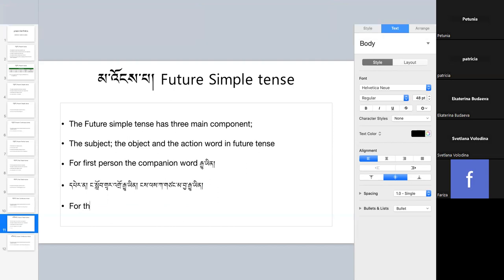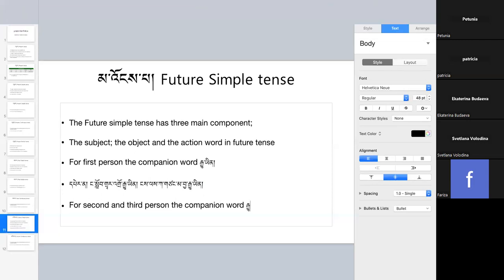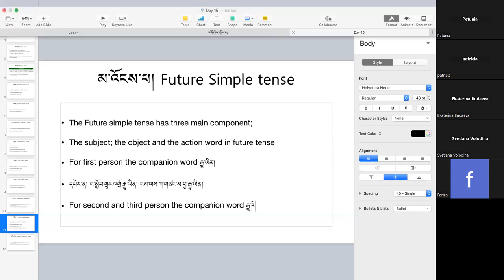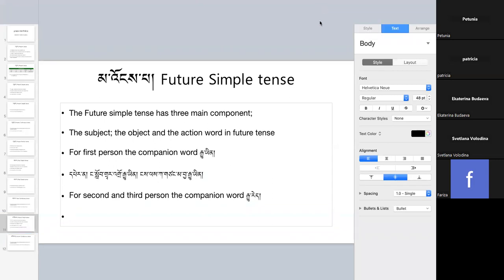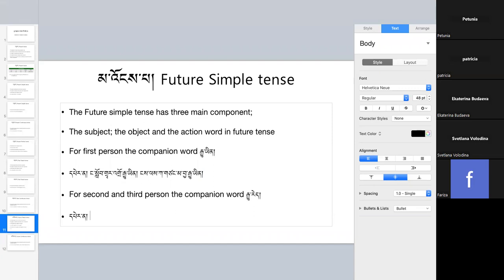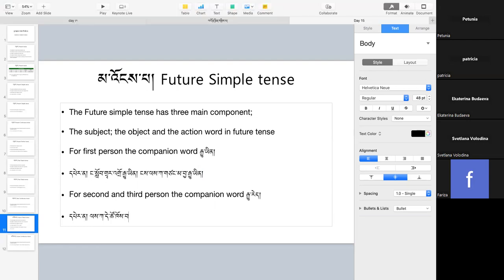So for the second and third person, the companion word: leka tetso ku.